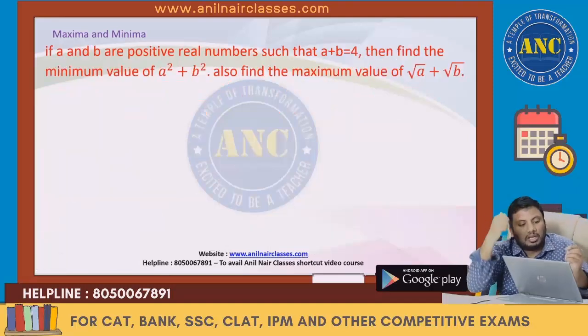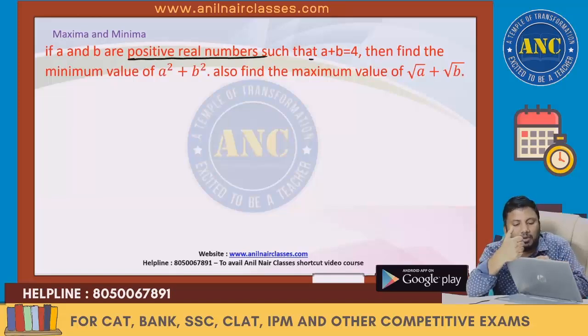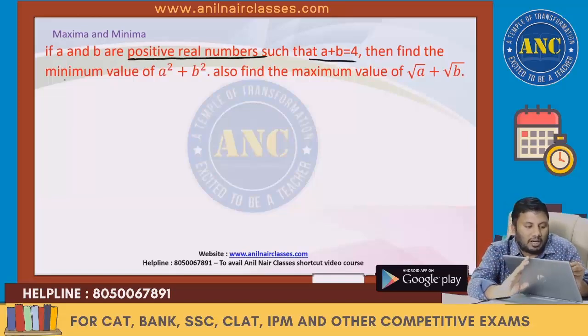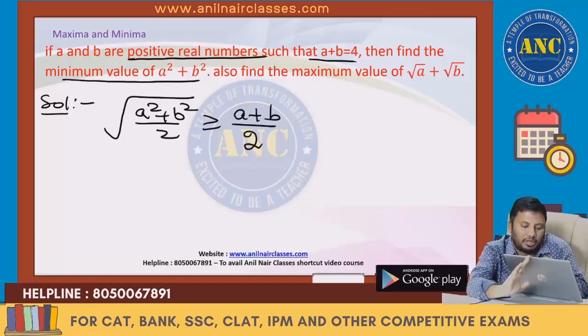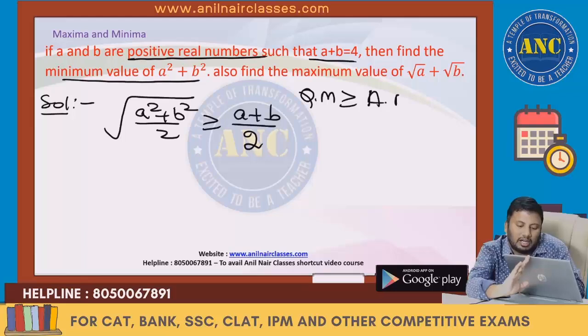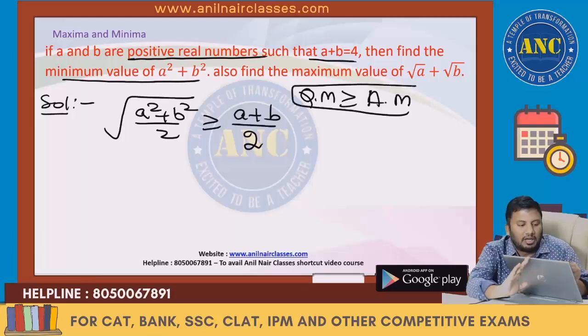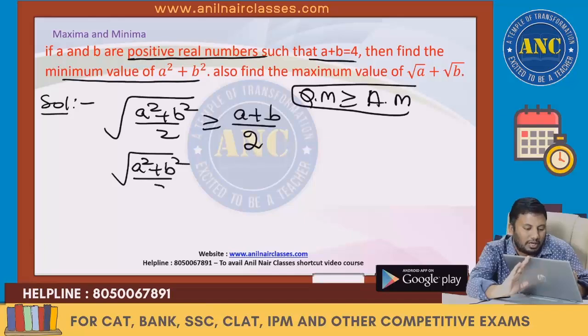Another question. A and B are positive real numbers such that a plus b equivalent to 4. Minimum value of a square plus b square. These are nothing but root of (a square plus b square) by 2 greater than or equivalent to (a plus b) by 2. Which theorem is it? Quadratic mean is greater than or equivalent to arithmetic mean. So root of (a square plus b square) by 2 greater than or equivalent to 4 by 2.